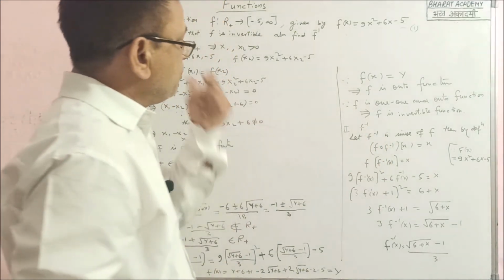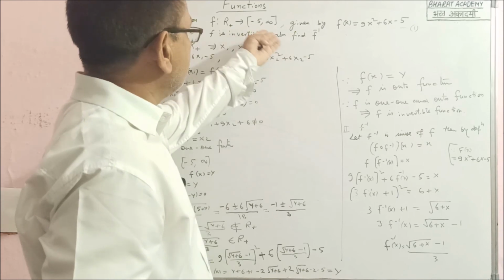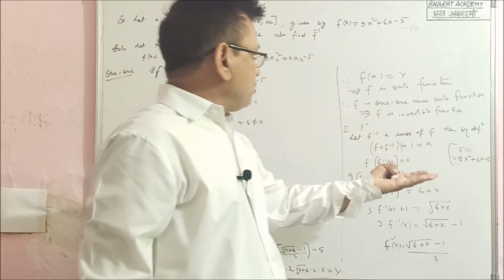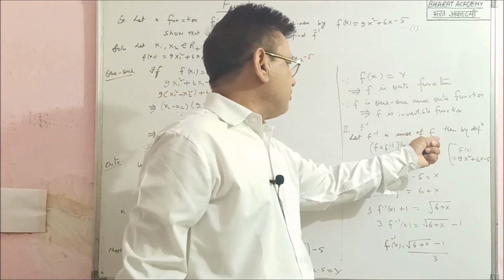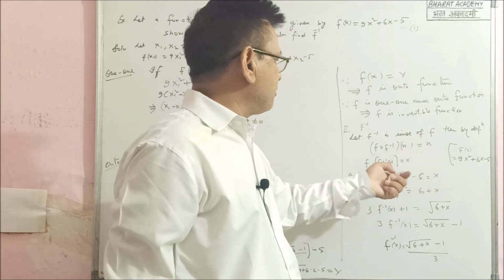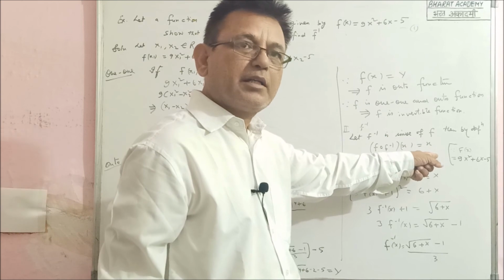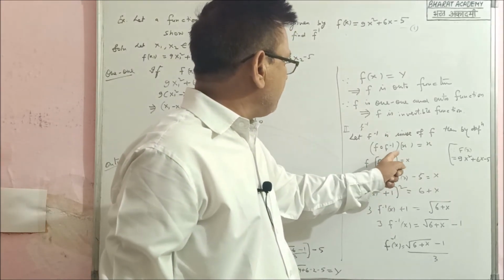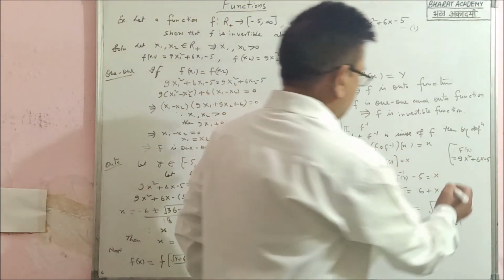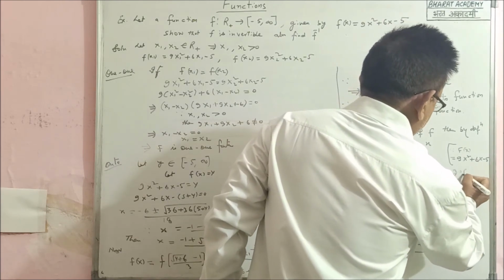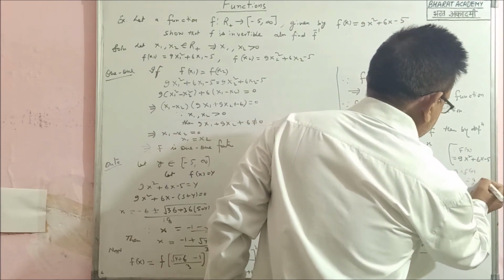Now I will try to find the inverse of f in this case. As you know, if f inverse is the inverse of f, so by definition of composition function, f inverse of f of x will be identity x. The f inverse means g o f of x becomes g f(x).